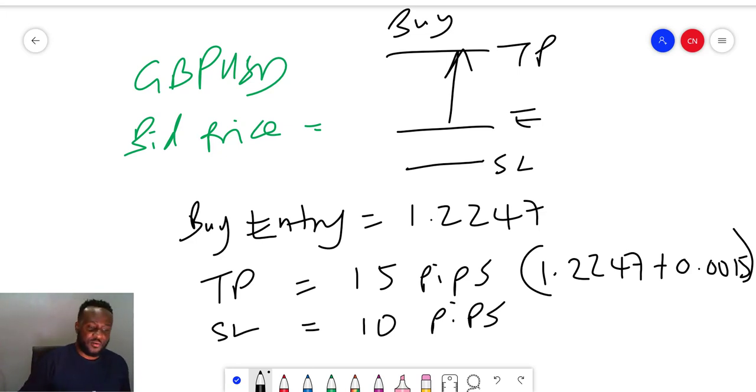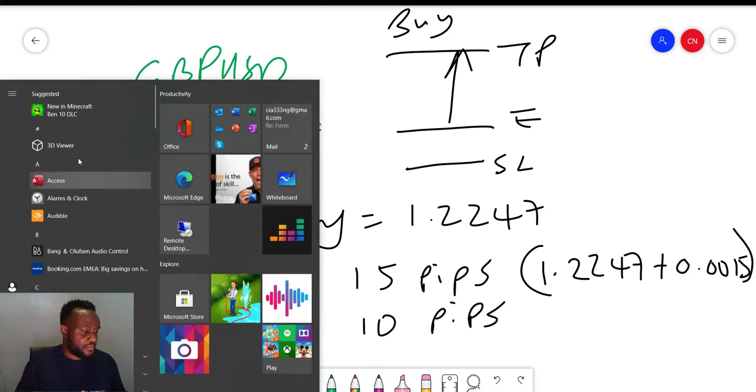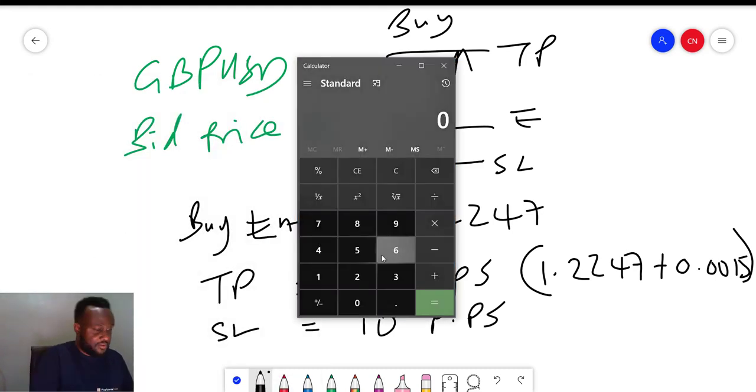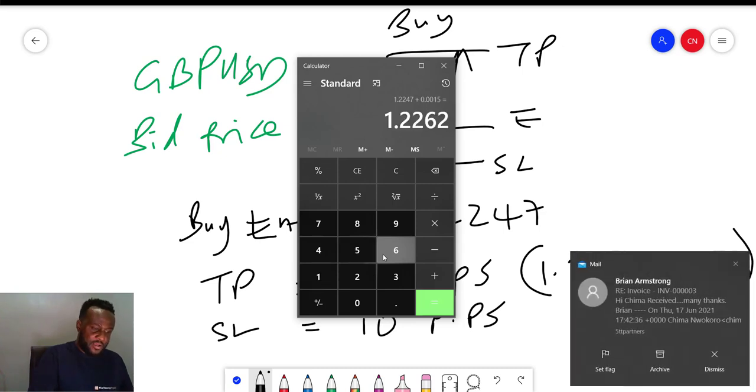and so that will be essentially, again, nothing stops you from using your calculator. Use it. Don't try to rack your brain. If you like the math, if you like to rack your brain, it's fine. 1.2247 plus 0.0015. Enter that.